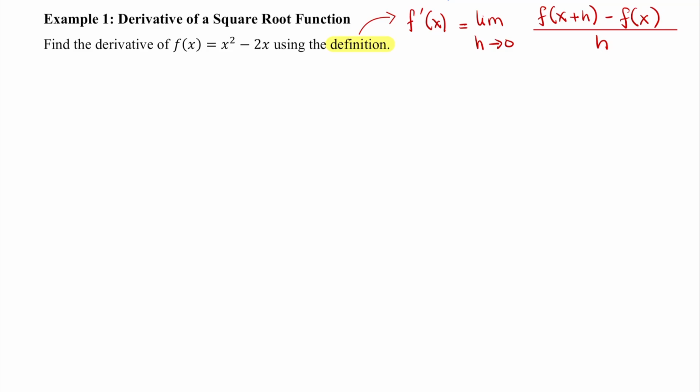First, we need to find f of x plus h. Since f of x is x squared minus 2x, replace every x with x plus h.